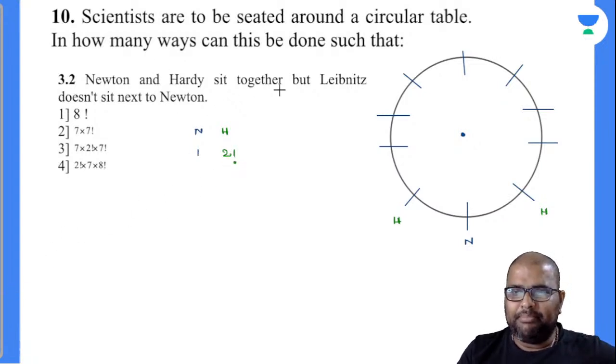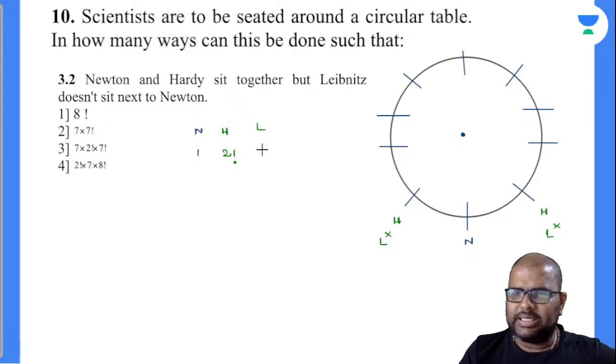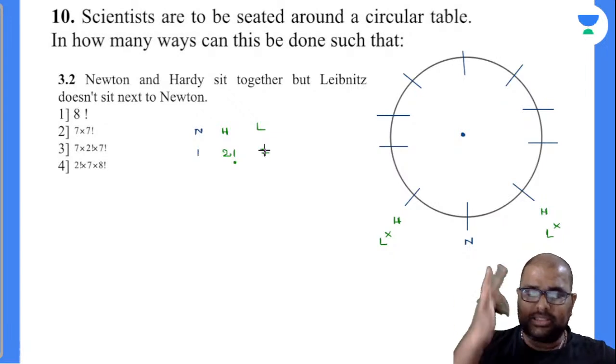Next, Leibniz does not sit next to Newton. Automatically, Leibniz will not be here. So Leibniz will get how many chances? 1, 2, 3, 4, 5, 6, 7. These are the positions where Leibniz can sit. It is 7. So totally you made 3 persons sit.